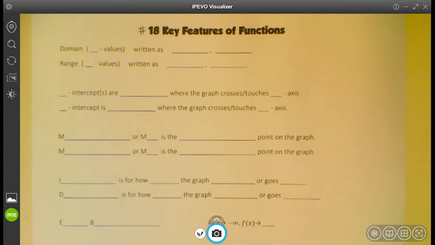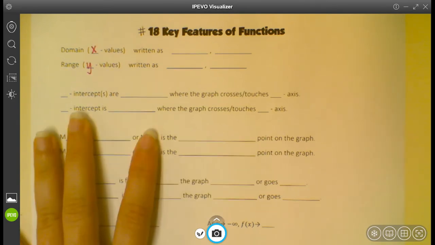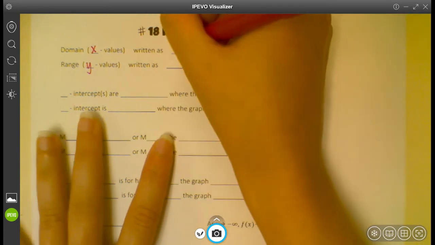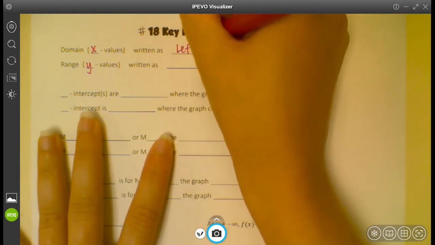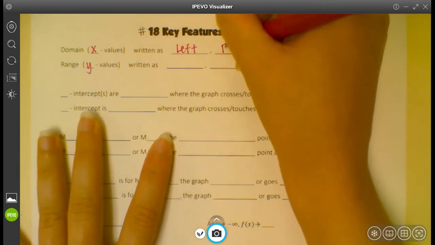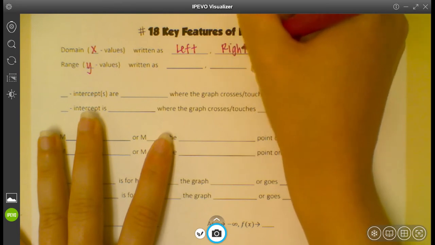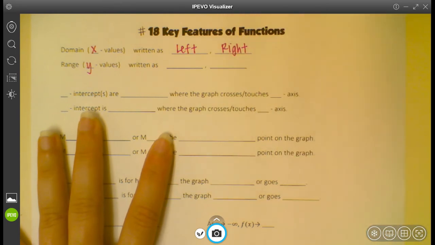Domain and range, we've already talked about. So let's go ahead and fill this in really quick. Domain is all my X values, and we write that as far left as we can possibly go and as far right as we can possibly go. Our range is how low did you go? Did you go down low?